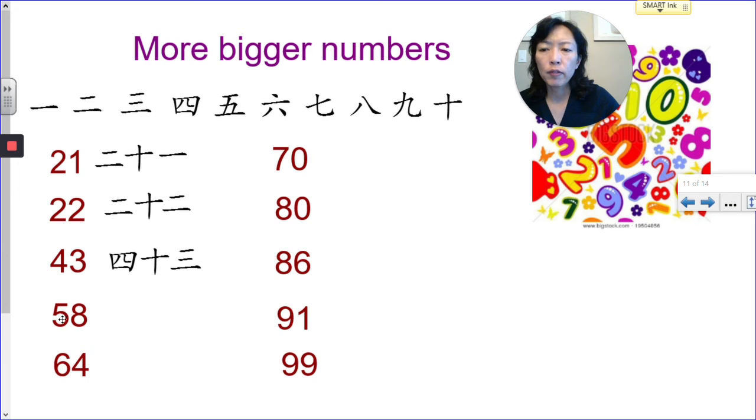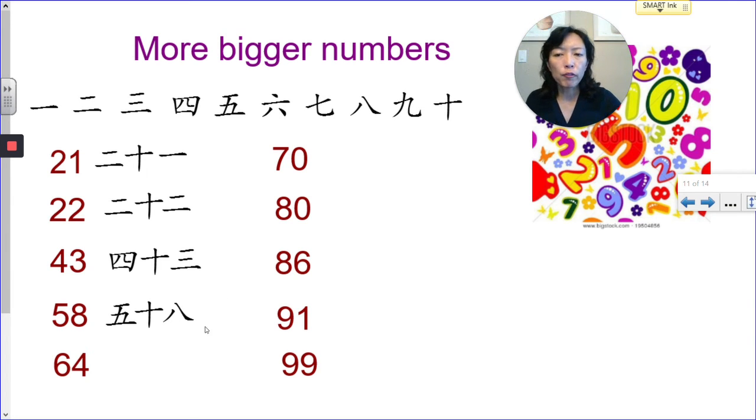Keep going. 58. You need to make a 50 first, which is 5, 10. And then you need a number 8 right here. So don't get confused because you see 3 characters here, but actually this is a 2-digit number.